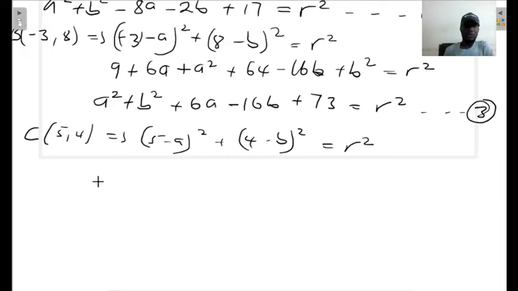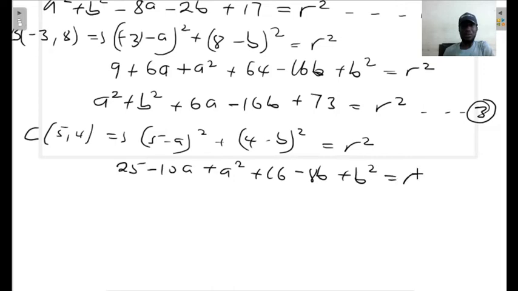Expanding using binomial expansion, we are going to have 25 minus 10a plus a squared plus 16 minus 8b plus b squared equals r squared.